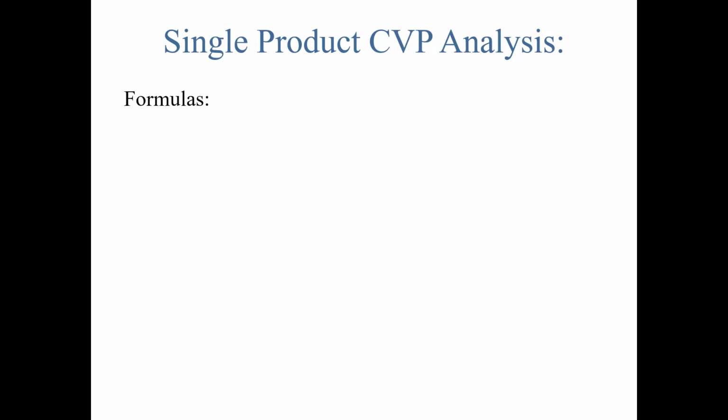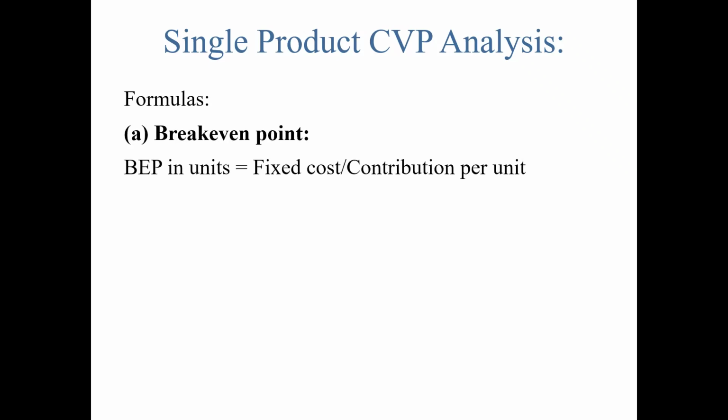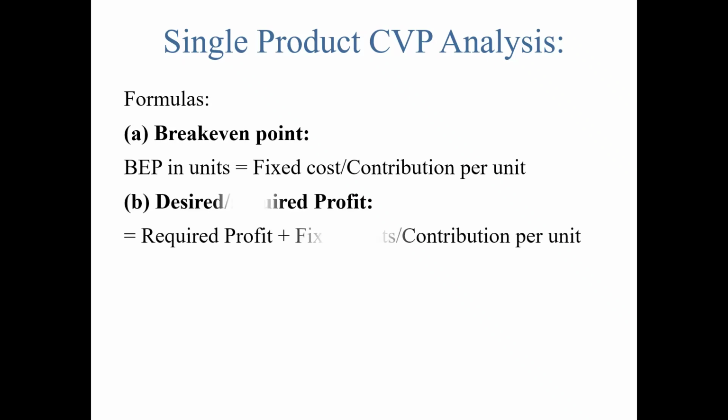We need to understand some concepts and some formulas to understand the application of this chapter. The first one is the break-even point. Break-even point helps us find out how many units I should produce where my profit and loss is equal to zero.